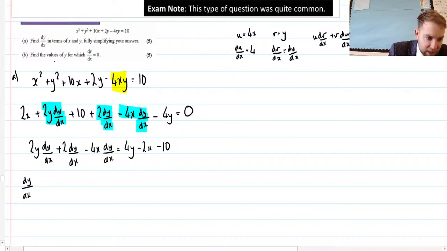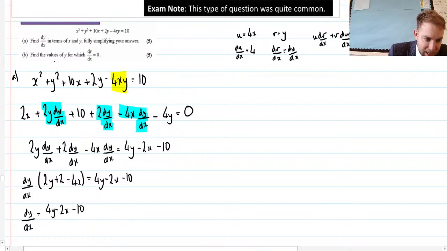So dy by dx taken out as a common factor, which leaves me with 2y plus 2 minus 4x is equal to 4y minus 2x minus 10. So then dy by dx is equal to 4y minus 2x minus 10 all over 2y plus 2 minus 4x. So there's dy by dx.